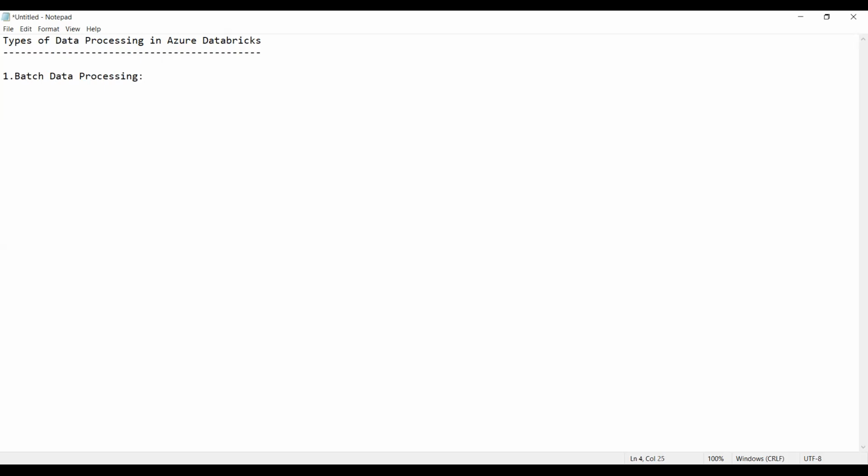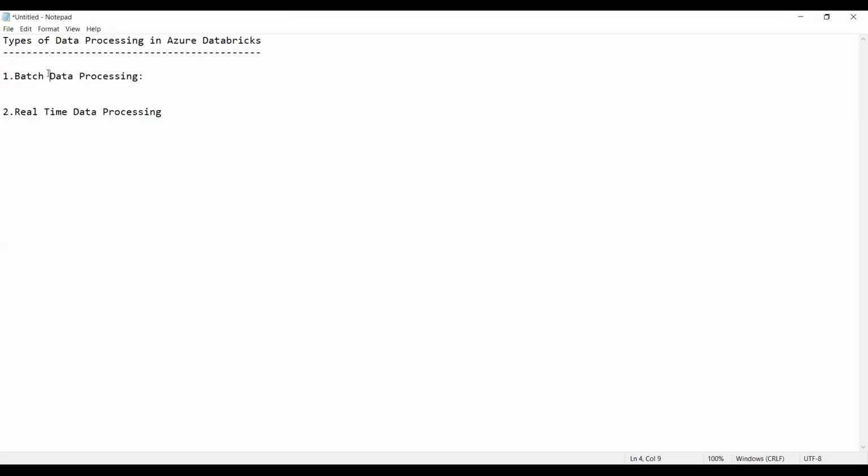And the second one we have is real-time data processing. Guys, these are the two types of processing which take place in Azure Databricks.